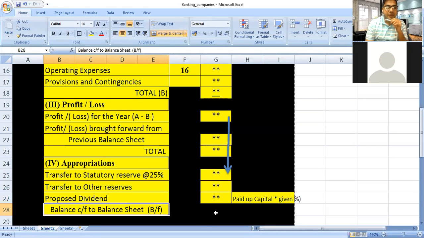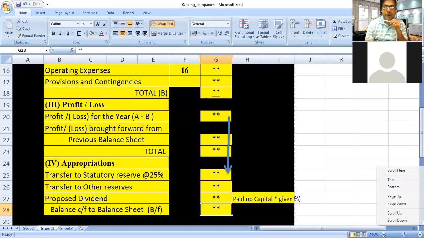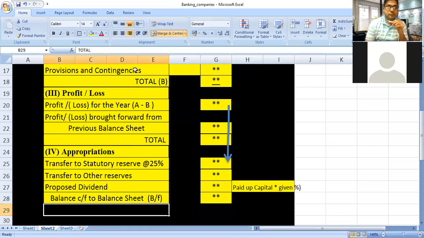Then after that, we have to find the balance carried forward to the balance sheet. How we will find out the value, you should know. You should keep these particular things in mind. First of all, the total.